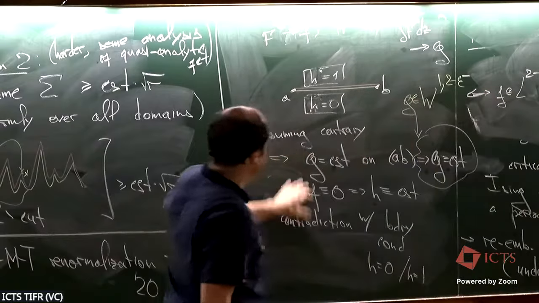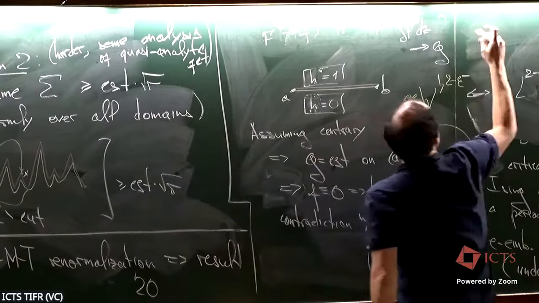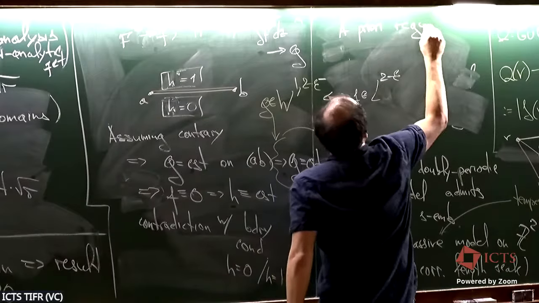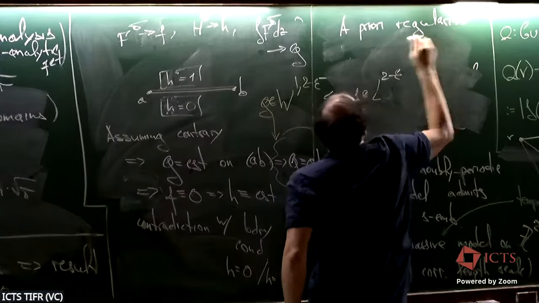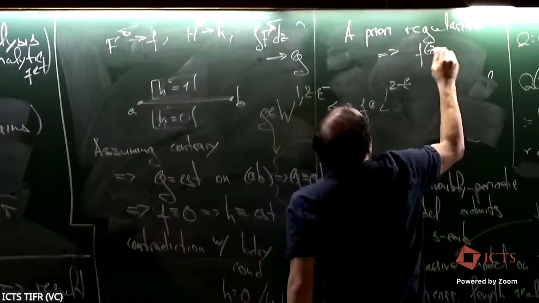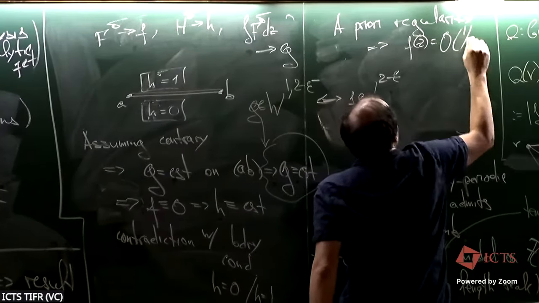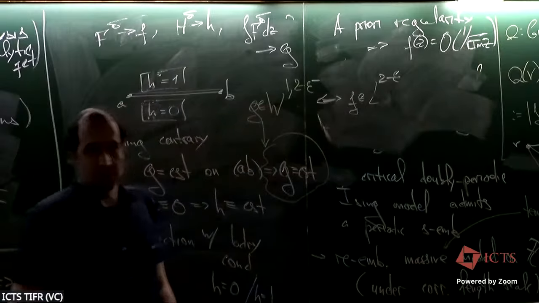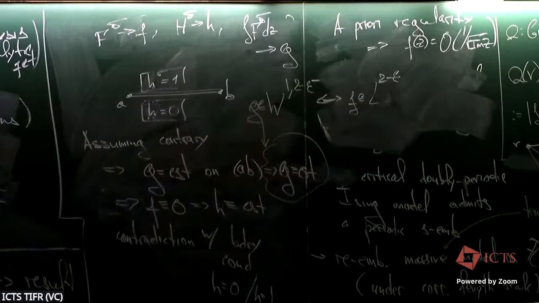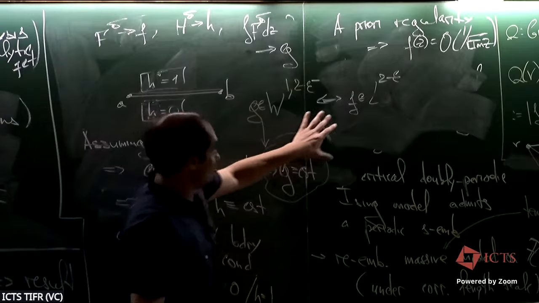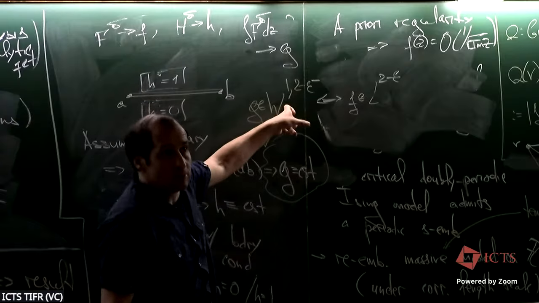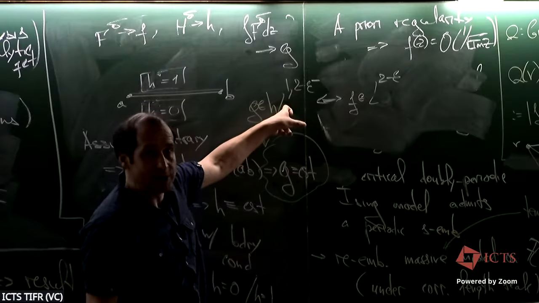And what you can do is that the a priori regularity theory implies that f blows up at most as a square root. Well, this statement is known. It's a known theorem from geometric function theory.